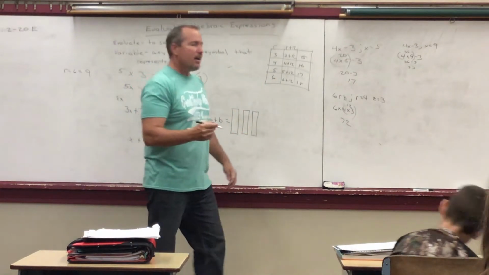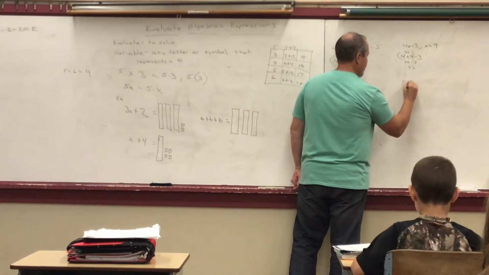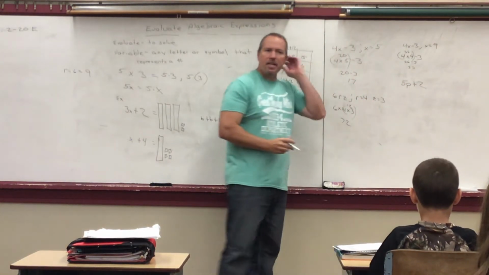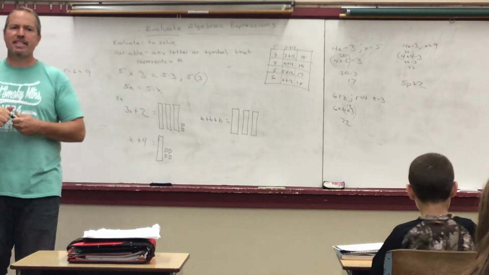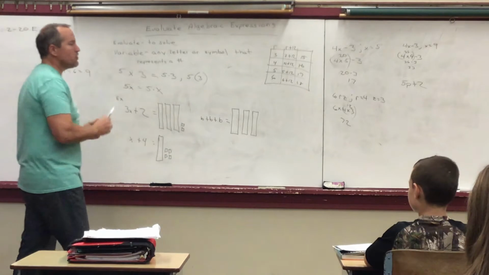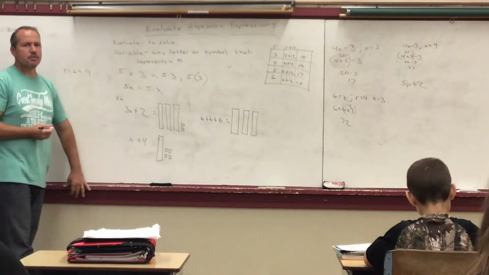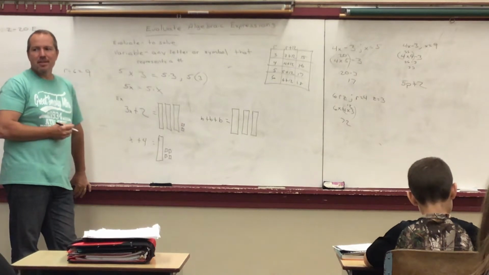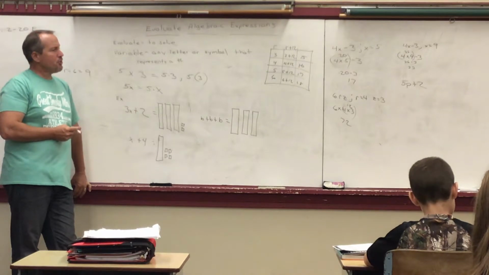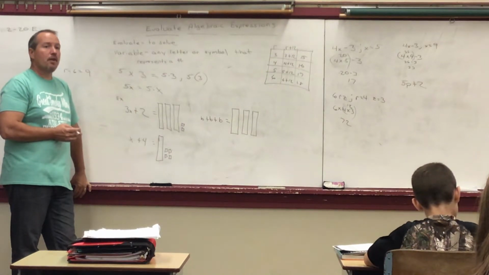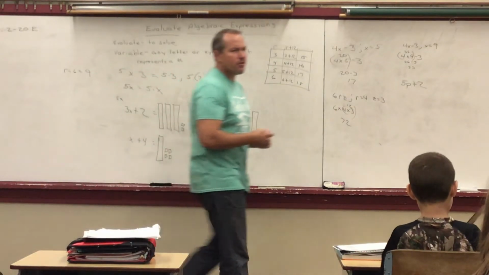If you have this equation, 5p plus 2, I want you to draw that. What does 5p plus 2 look like? Draw it. How would you show 5p plus 2? What? Got a marker? I don't have a marker. Where's yours at?